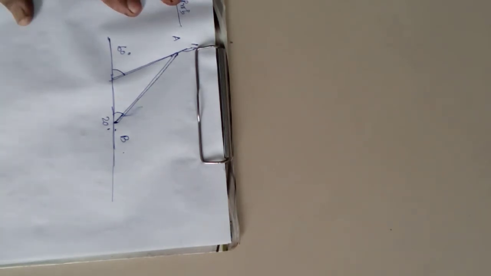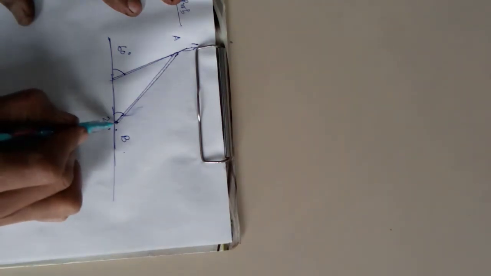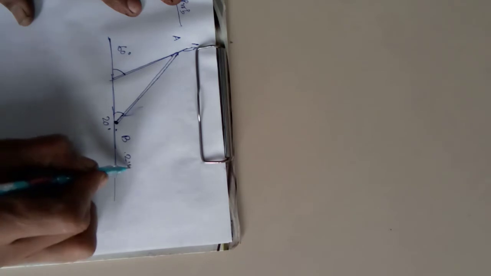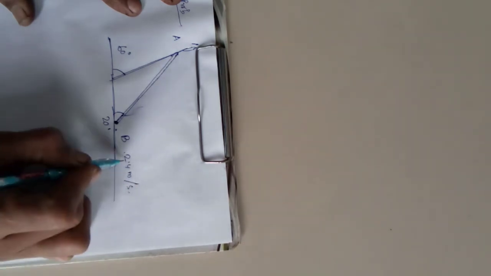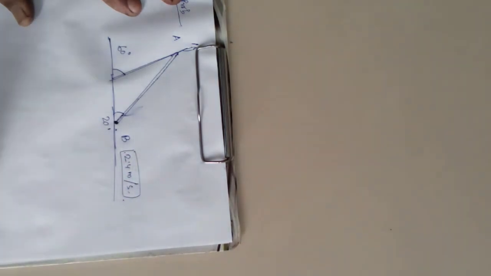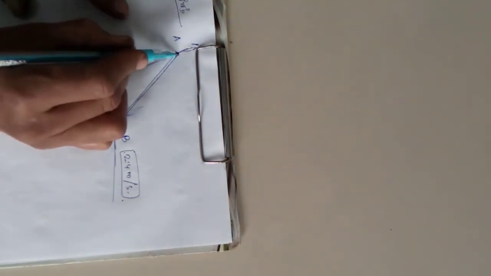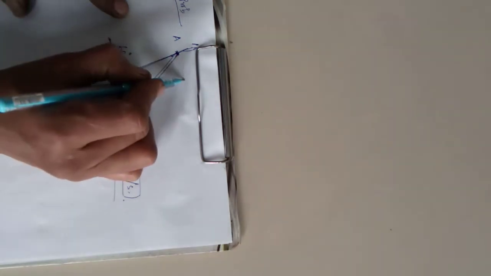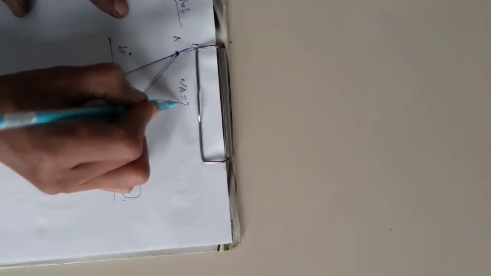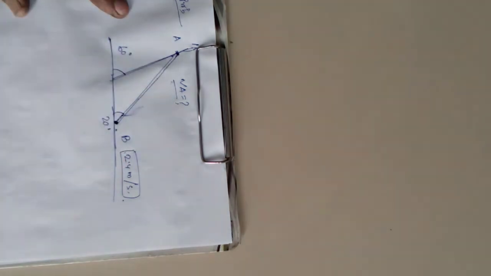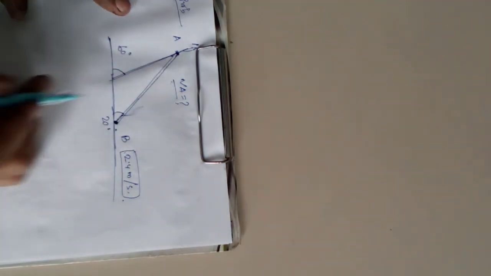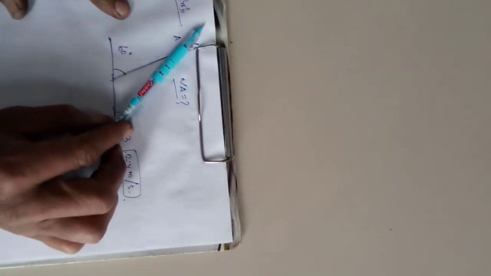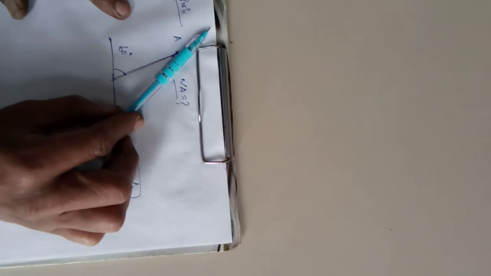Okay, now the velocity at point B is known, that is 2.4 meter per second. Velocity at point B is 2.4 meter per second. So we have to find out the velocity VA, the velocity at point A. So the question is, a rod is sliding, a rod is placed against a wall.